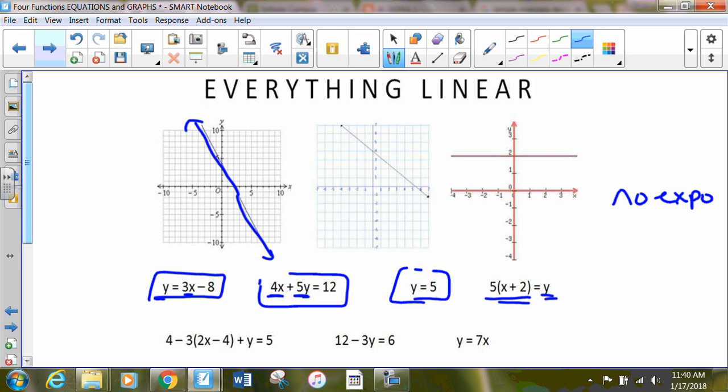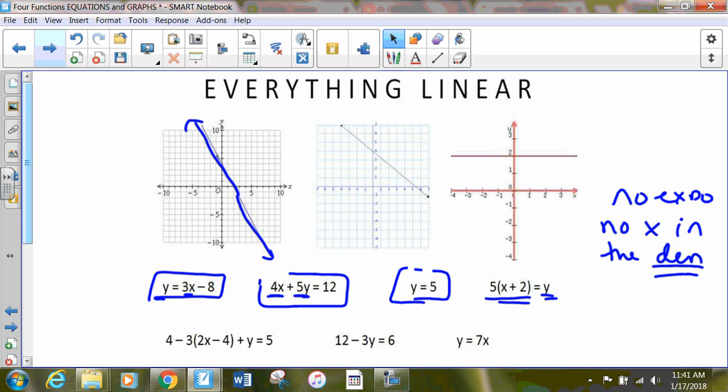As long as there are no exponents, and there are no x's in the denominator, we're good to go. As we look at the other functions, we'll come back to this and talk about what else it means when an equation is linear. But right now, this is a good representation of how different linear equations can look.